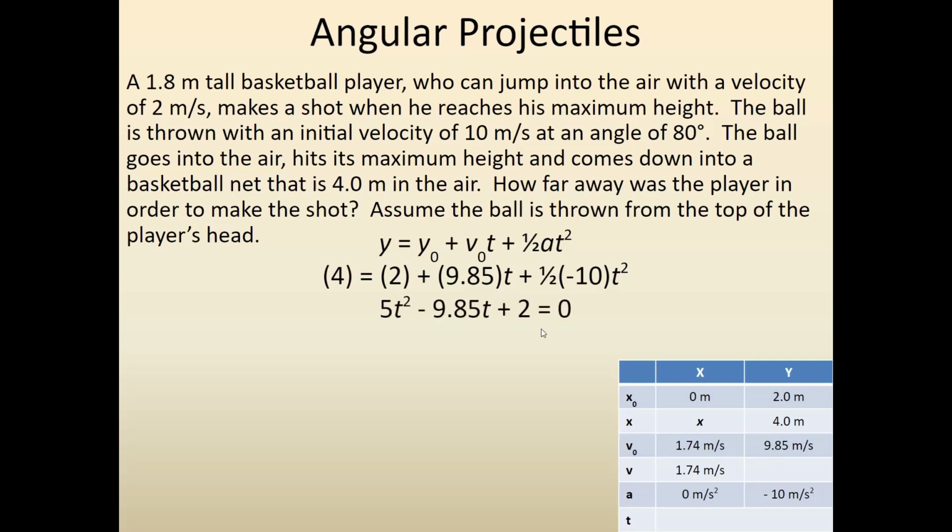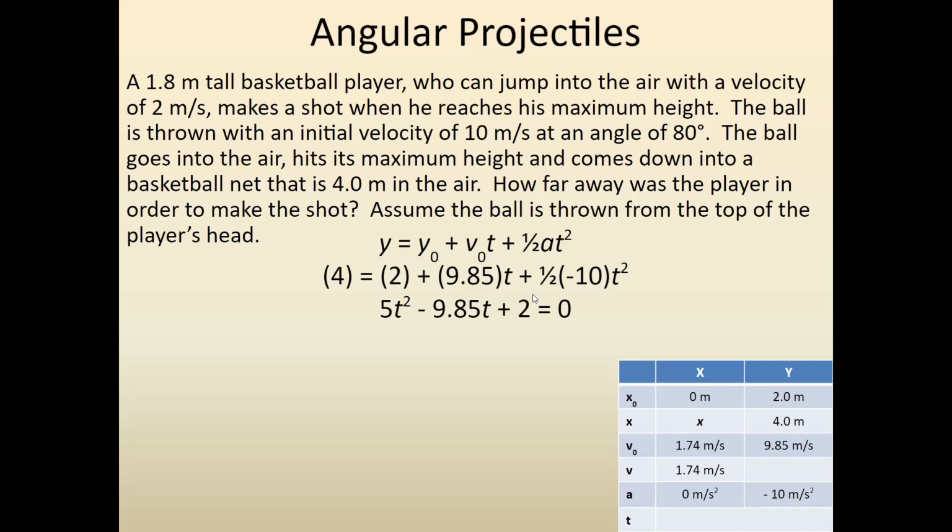How am I supposed to deal with this? You have one of two ways. You can plug this equation into the calculator and see at what points these two parts cross. Or you can use the quadratic equation, negative b plus or minus the square root of b squared minus 4ac, all over 2a.